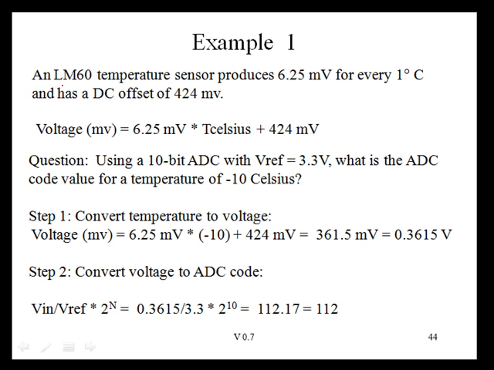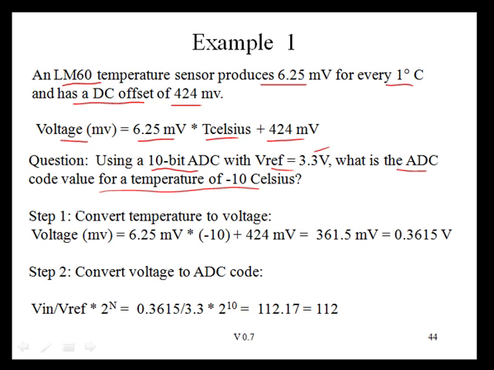As an example, consider an LM60 temperature sensor that produces 6.25 millivolts for every degree centigrade and has a DC offset of 424 millivolts. So the voltage in millivolts is equal to 6.25 millivolts times the temperature in Celsius plus 424 millivolts. A typical question might be, using a 10-bit ADC with VREF equal to 3.3 volts, what is the ADC code value for a temperature of minus 10 Celsius?